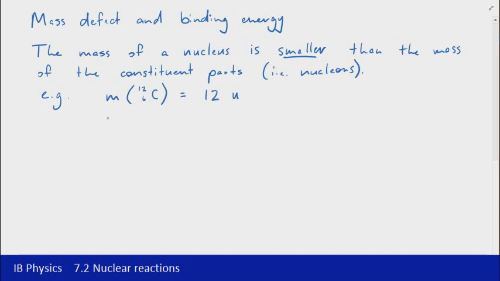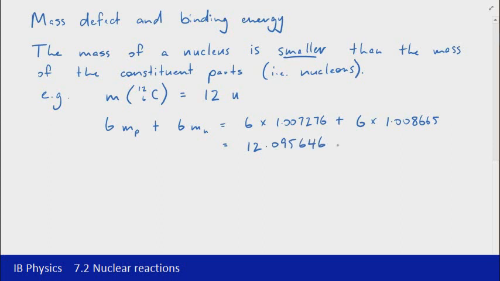If instead we looked at the mass of 6 protons and the mass of 6 electrons and added them together, we know that the mass of a proton is 1.007276, and we added to that the mass of 6 neutrons, with each of them having a mass of 1.008665, we would find that the total mass comes out to be 12.095646 atomic mass units.